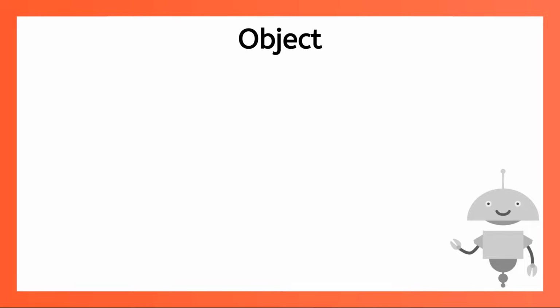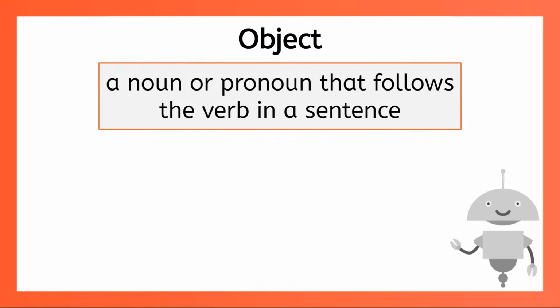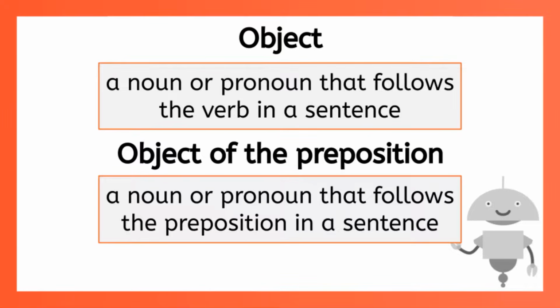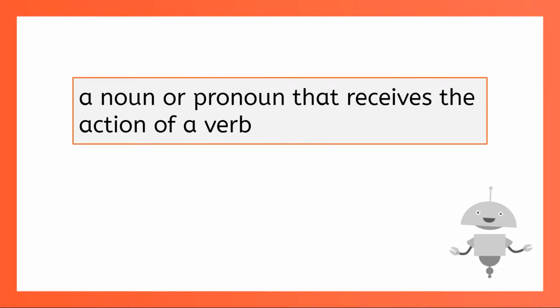So remember that an object is a noun or pronoun that follows the verb in a sentence, and if that noun or pronoun is at the end of a prepositional phrase, you have an object of the preposition. If that noun or pronoun receives the action of a verb, it's a direct object.